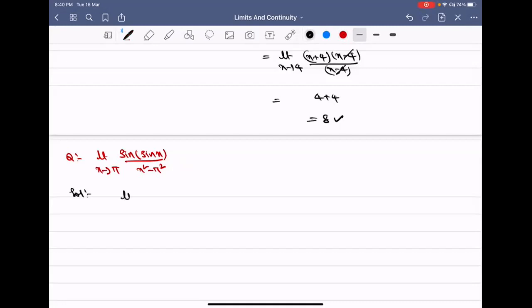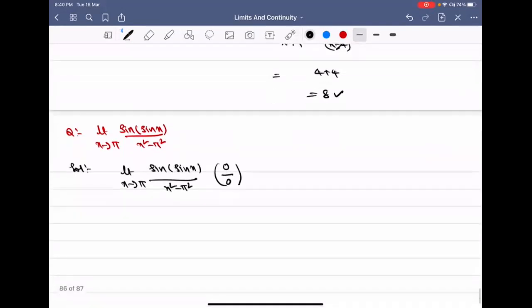Limit x tends to pi of sine of sine x over (x square minus pi square): it is of the form 0 by 0, because sine pi is 0, sine 0 is 0, so numerator is 0 and denominator is 0.